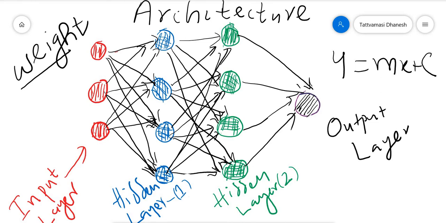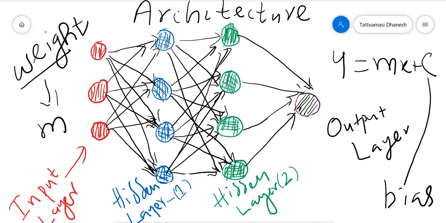This is the simplest explanation for weight and bias. It's the equation of a straight line, where m is the slope of the line and c is the y-intercept. So for a neural network, m is the weight of the network, and c, the y-intercept, represents the bias of the network.